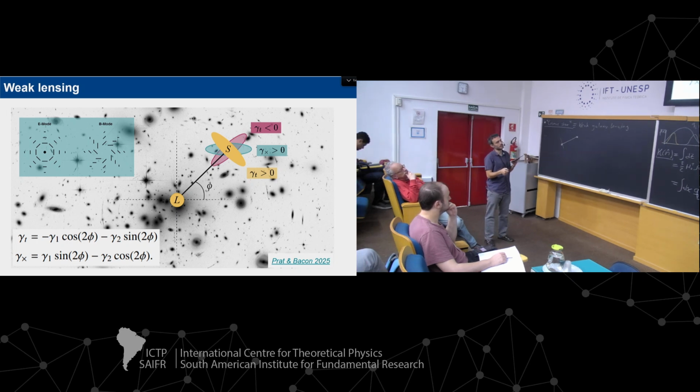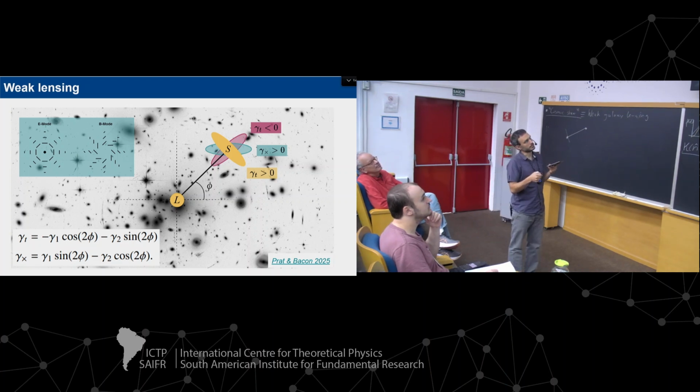This is the transformation you would need to do to go from gamma 1, gamma 2, which are the shear or ellipticity measurements in sky coordinates, to what's called gamma t and gamma x, or gamma cross, which are essentially versions of gamma 1 and gamma 2 in these new coordinates.